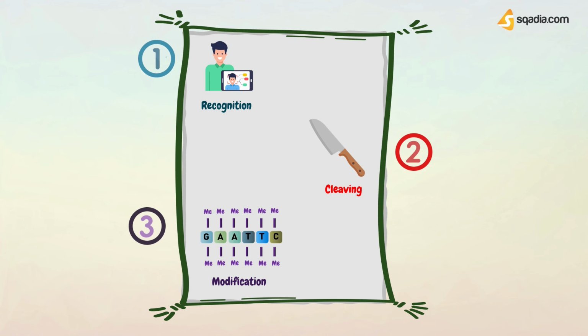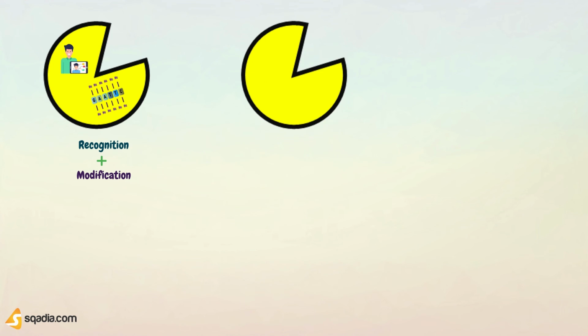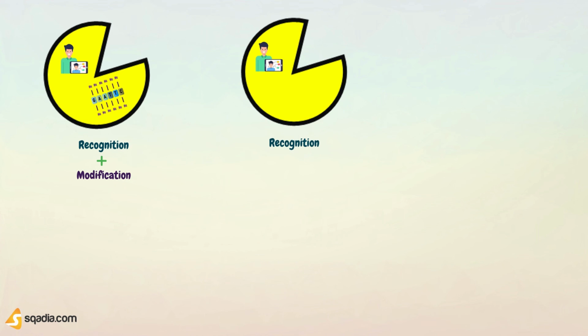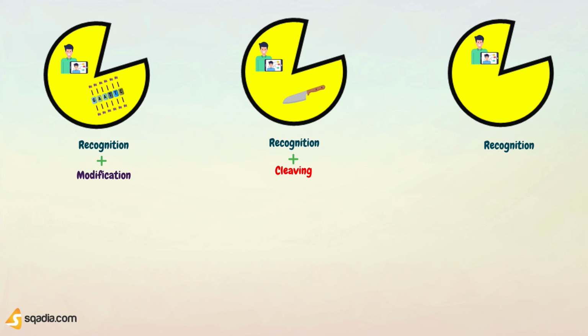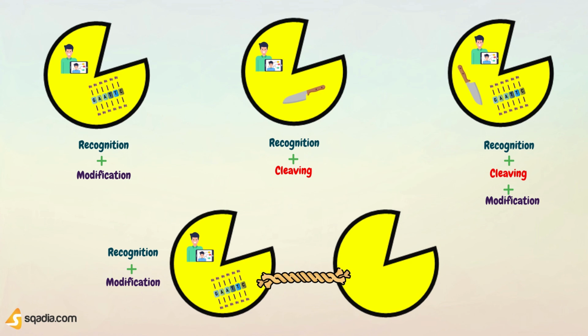Moving forward, there are many possibilities: a restriction enzyme with recognition and modification, or a restriction enzyme with recognition and cleaving properties, or a restriction enzyme with recognition, cleaving, and modification properties, or an enzyme with recognition and modification forms a complex with another restriction enzyme with cleaving property. Both after forming a complex work together.